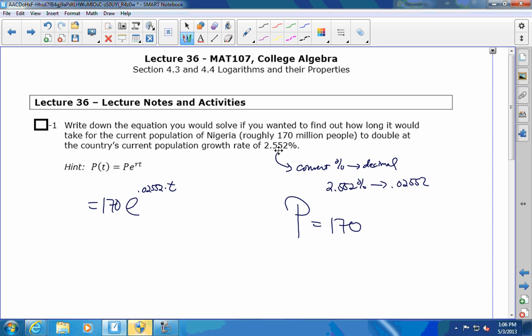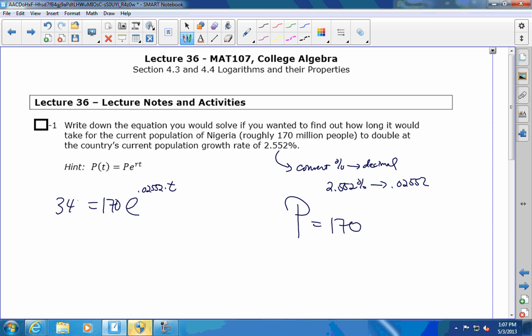Am I recording? Yeah, I think I'm recording. So T, I'm actually looking for T. I'm looking at how long it's going to take to double, so just double it. What does double it mean? What am I doubling? 170.